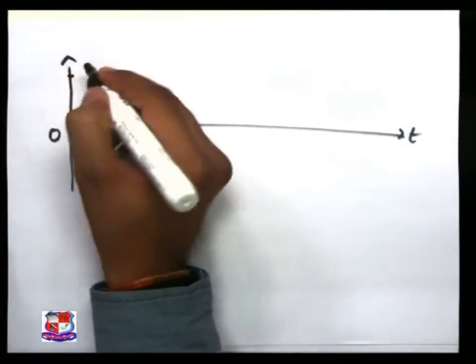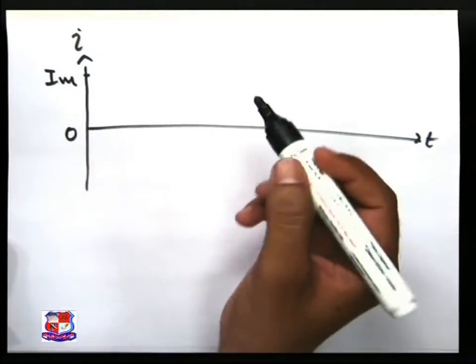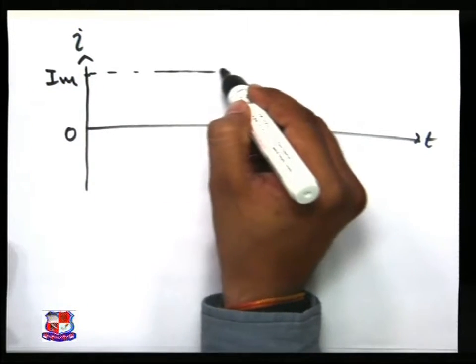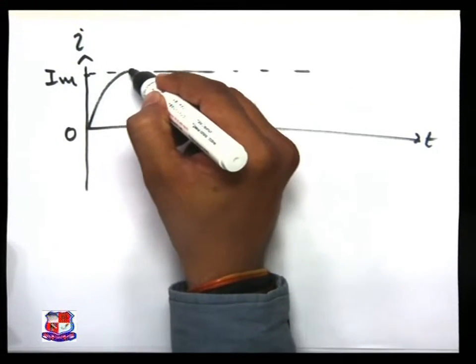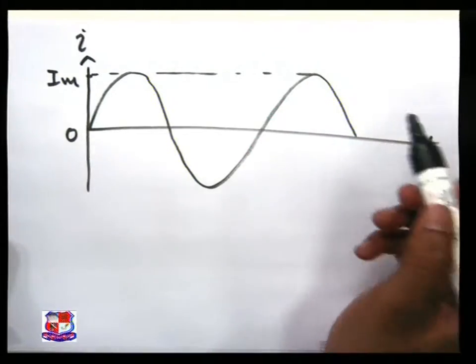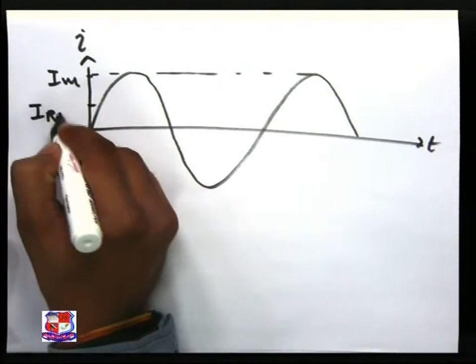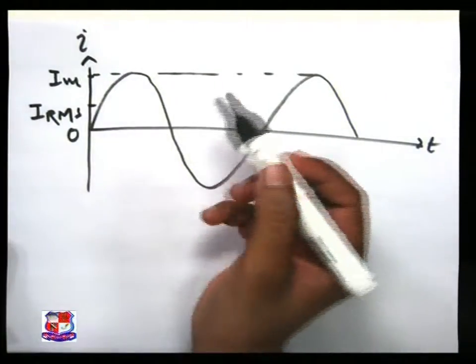This is the 0. If this is the current, this is some maximum value of the current. So here you get the IRMS value.